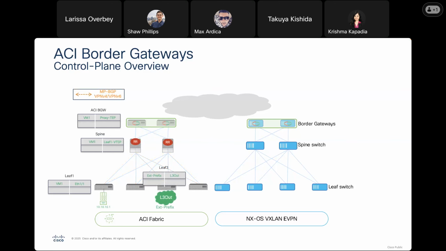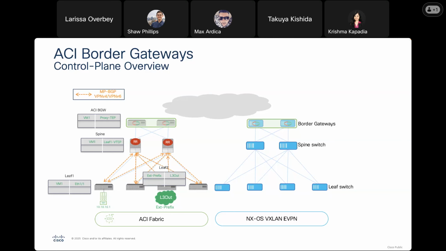External prefixes, or type 5, are communicated a little differently. The external prefixes use MP BGP VPNv4 or v6, depending on the type of IP traffic. The spines are used as the route reflectors. The external prefix information uses the spine's route reflector to propagate to all the leaf switches.